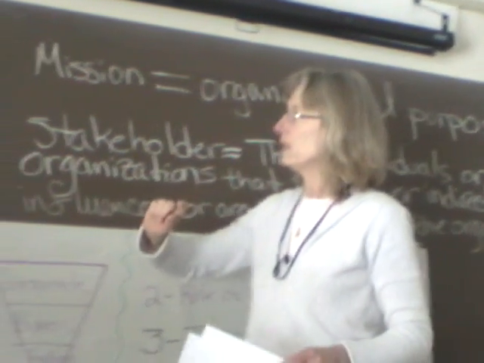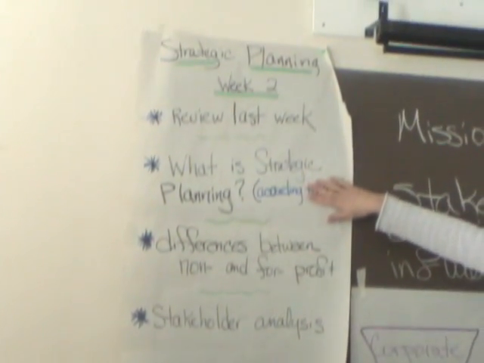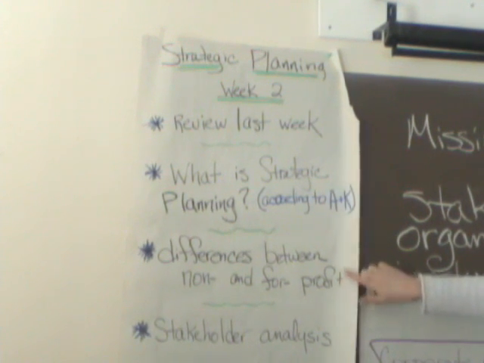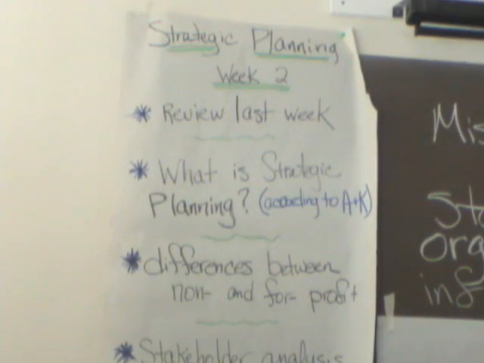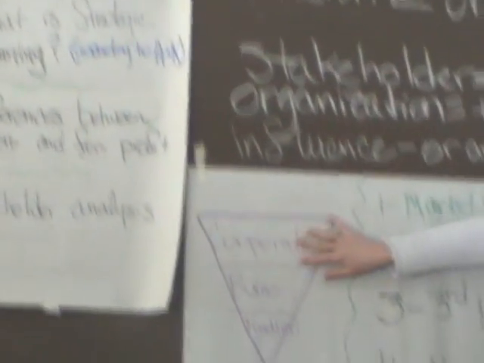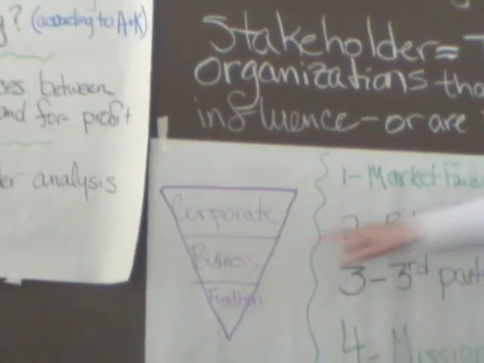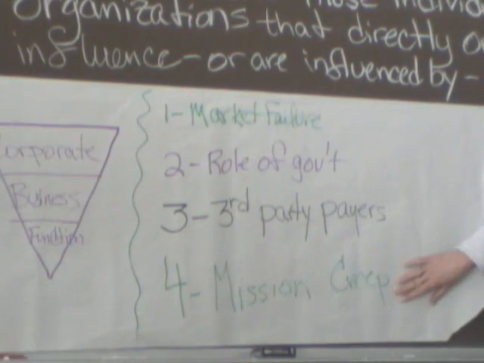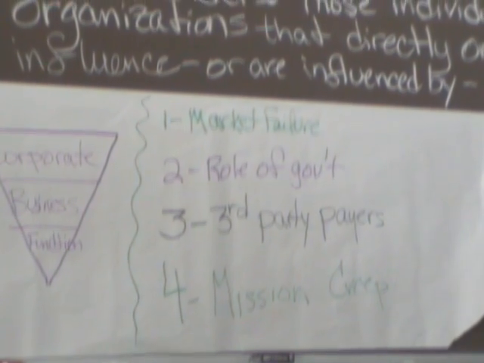In our first YouTube assignment, we talked about what is strategic planning. In our second, we talked about the differences between nonprofit and for-profit. And we looked at the model of strategic planning and what levels it occurs. And we looked at the different factors that make a difference for nonprofits.